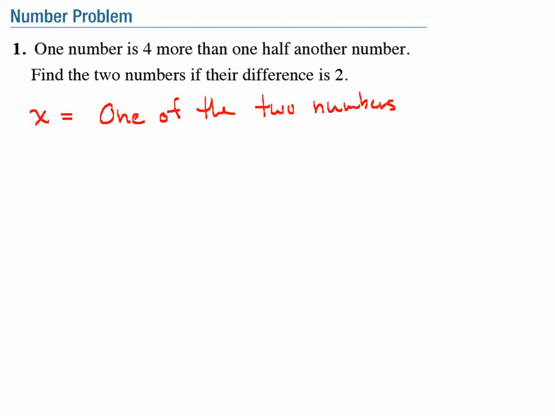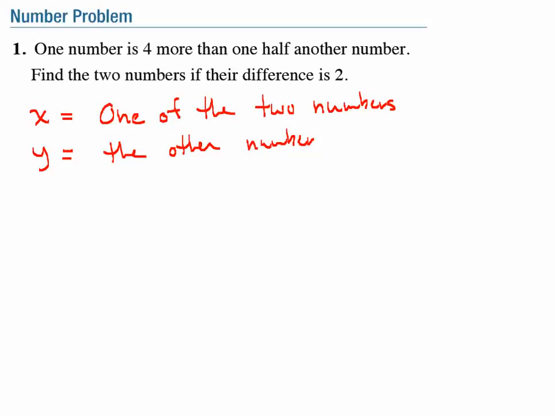You just label one of the variables. Then y would be the second number. If x is one of the numbers, then y would have to be the other number. That's all, you're just giving that a label.